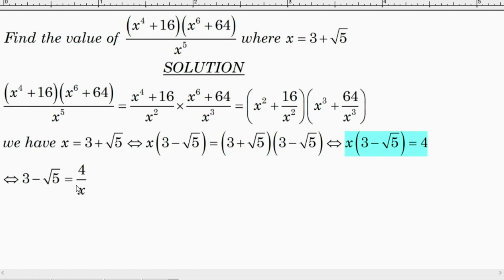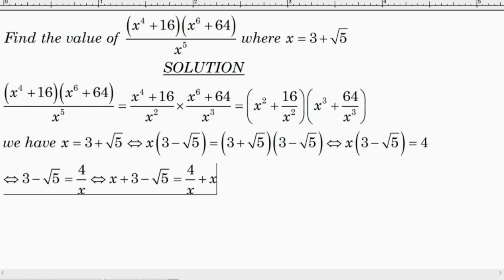Right now, we add x to both sides of the equation, so x plus 3 minus the square root of 5 equals 4 divided by x plus x.